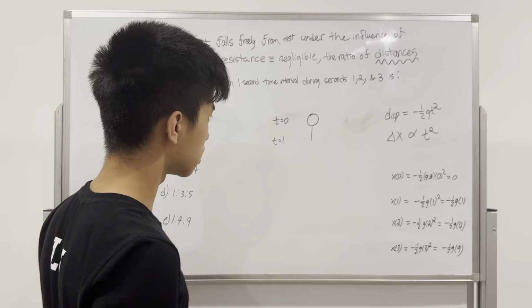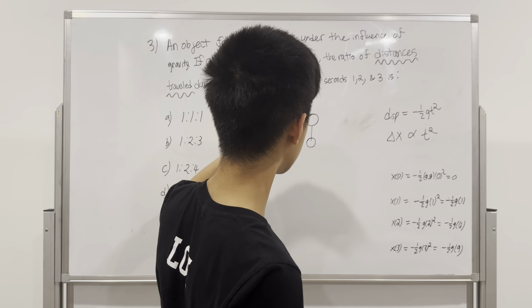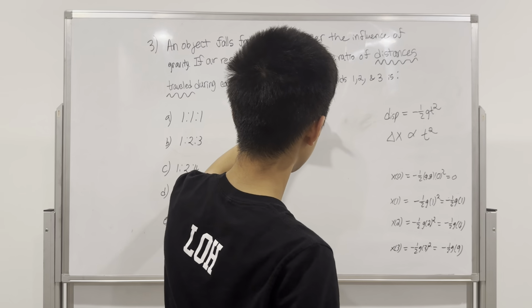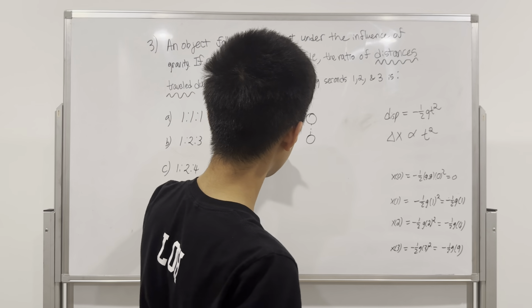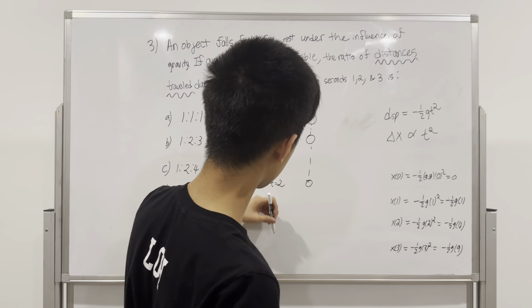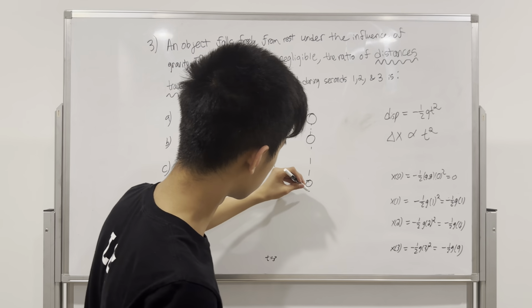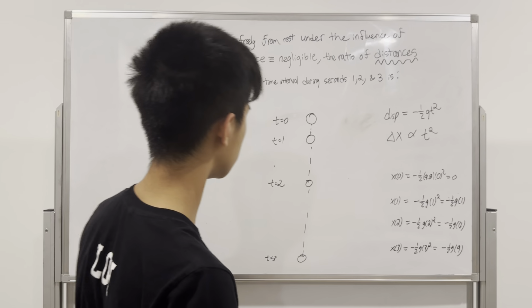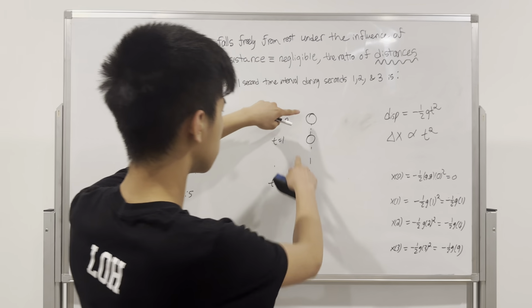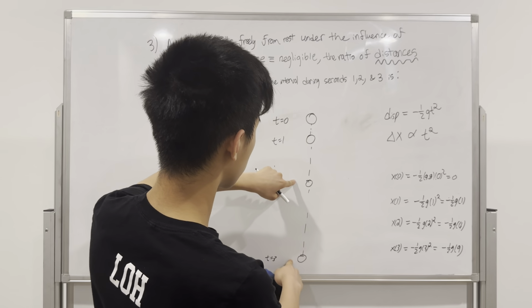So, what they're actually referring to is, let me just draw a diagram here to show what they mean. This isn't drawn to scale, but you'll understand what I mean. As you go further down, the distances between each second separate further and further.